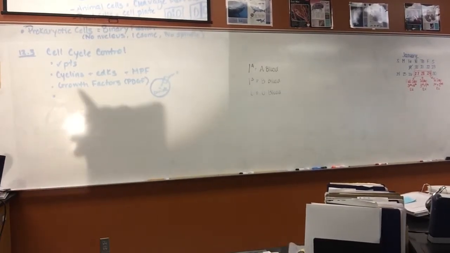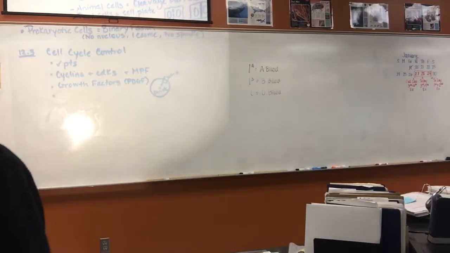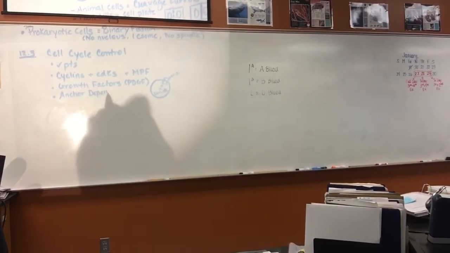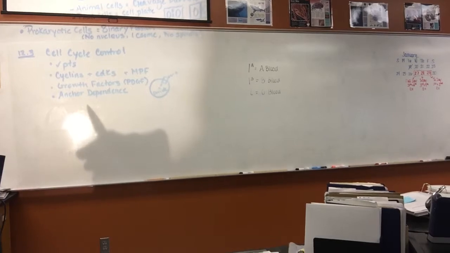Another thing that controls how often a cell divides are 2 things: anchorage dependence. You guys remember what this means? The cell needs to be on a surface, right, or anchored.